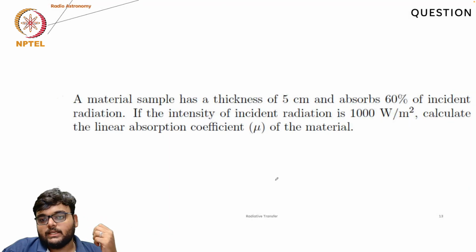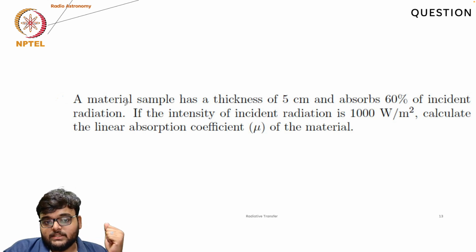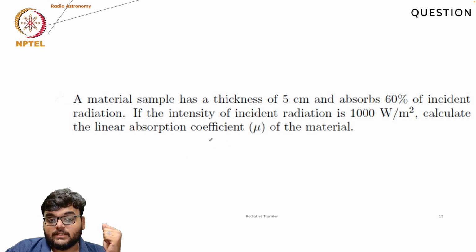Let's move on to another exciting problem. This problem says that there is a material with thickness 5 centimeter, and it has an absorption of 60. It absorbs 60% of the incident radiation.